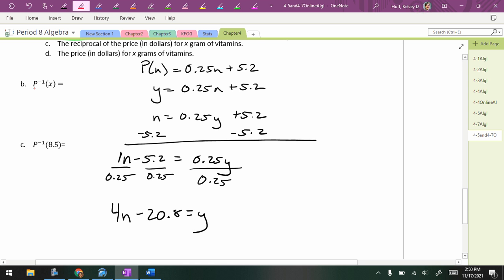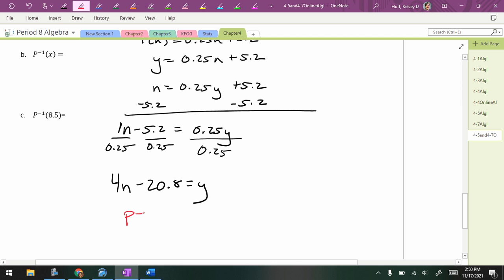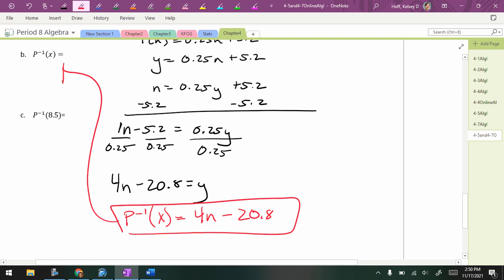So P inverse of x equals 4n minus 20.8. I really think that's supposed to be P inverse of n, not x. I think I typoed on that.